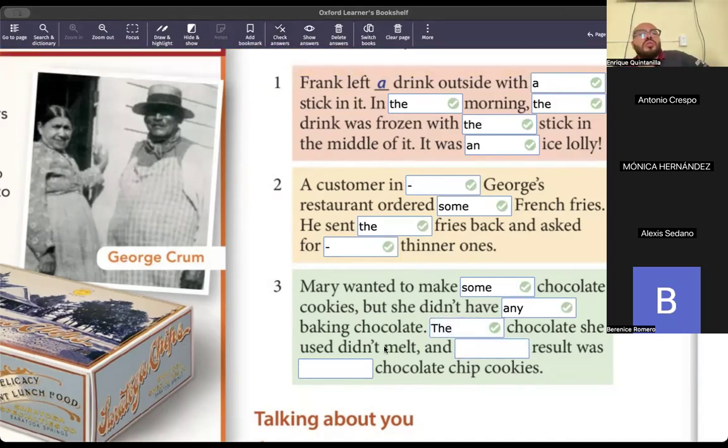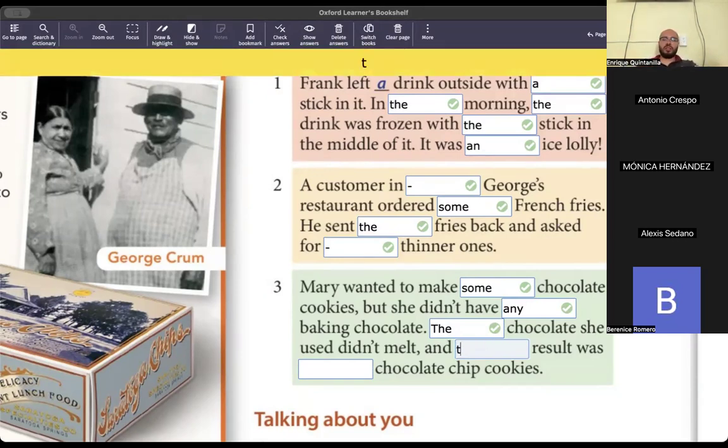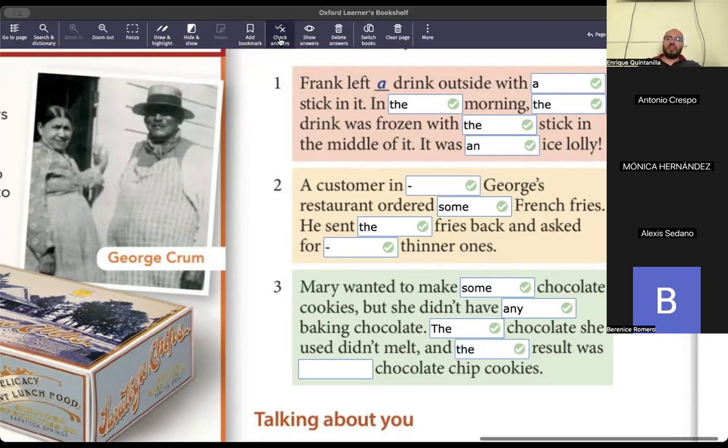The chocolate she used didn't melt, and the result was no article, correct.